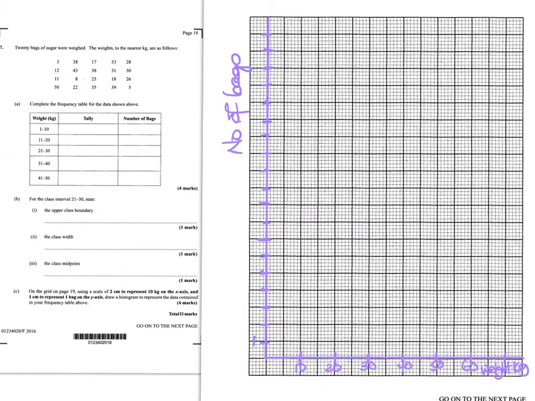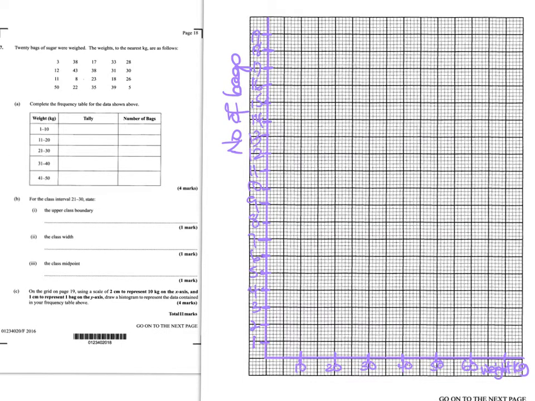Right, so we have 1, 2, 3, 4, 5, 6, 7, 8, 9, 10, 11, 12, 13, 14, 15, 16, 17, 18, 19.